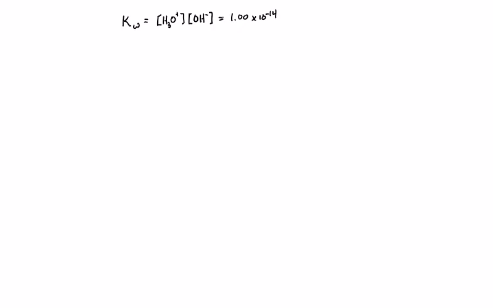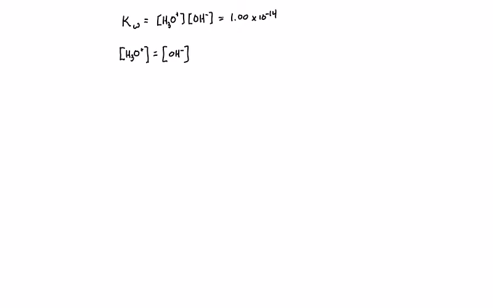If we have pure water, that means every time a molecule or an ion of hydronium is produced, we'll also be producing hydroxide. So at any given time, the amount of hydronium that's present in solution must be equal to the concentration of hydroxide in that solution.